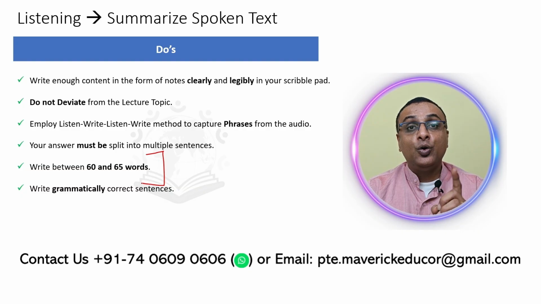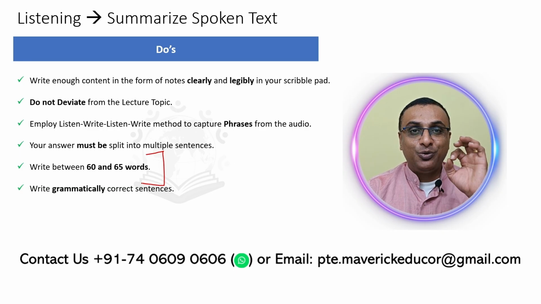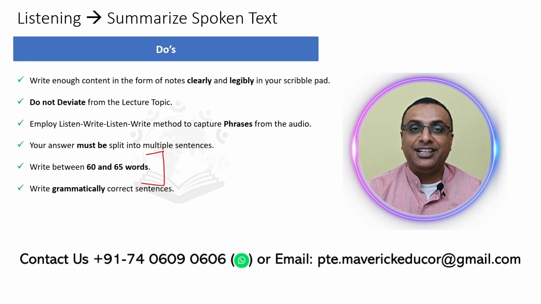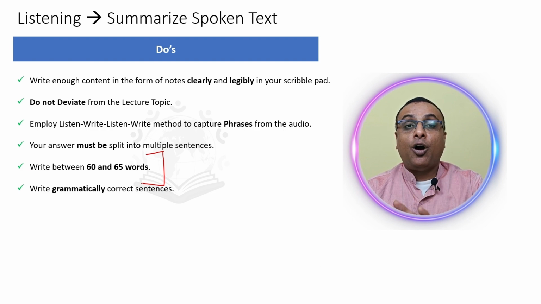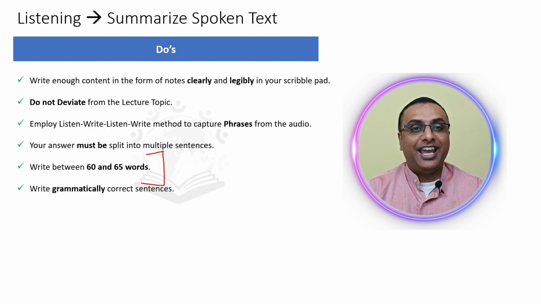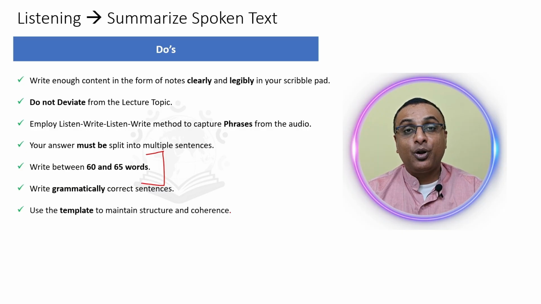Include all the punctuations, articles, and prepositions at the right places. When you're constructing multiple sentences, you need to make sure that you keep a full stop after you complete each sentence and use proper punctuations as well if you are writing a complex or a compound sentence in your entire response. Next, use the template that I will provide you in the couple of minutes from now to maintain your structure and coherence.